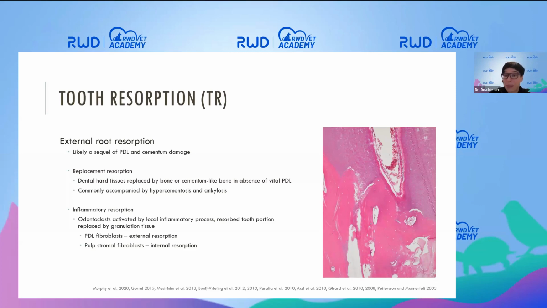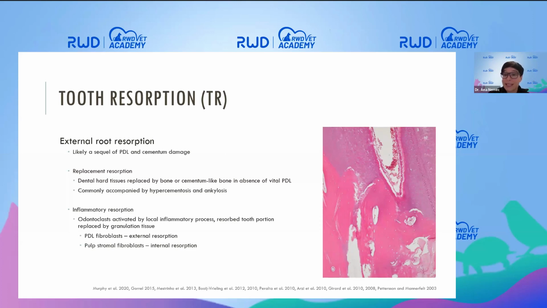And what then can happen is either replacement resorption. This is what we see again on this histological image on the right. You can clearly see this more purple area. This is dentin. This area here is actually pulp. It's void because it's very difficult to keep the pulp when we do our histological sections.